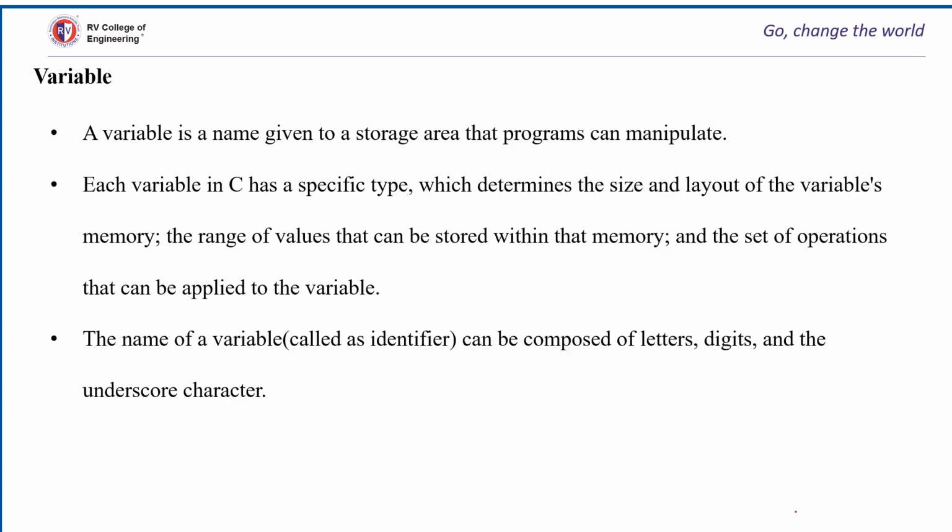Now, what are variables? Variables are basically placeholders. A variable is basically a name given to a storage area that the program can manipulate. So you can visualize a variable as a name given to a particular memory area.